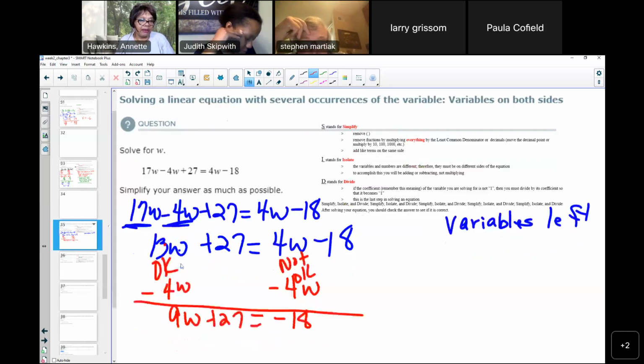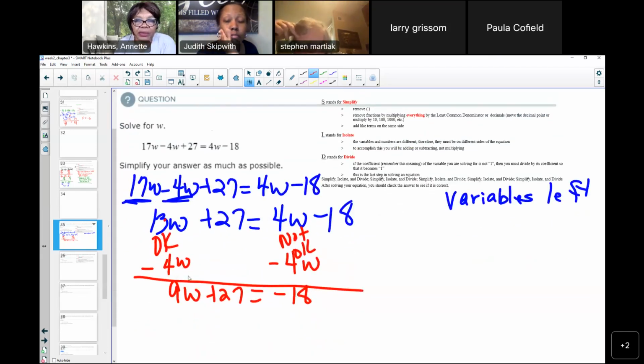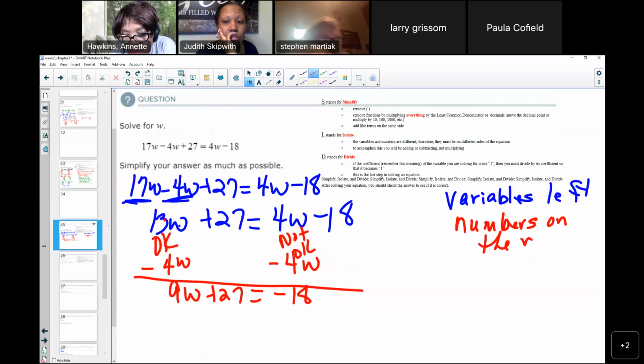All right, now I need to put the numbers on the right. So let's see. This is the left, so this is not okay. This is okay, because this is the right-hand side.